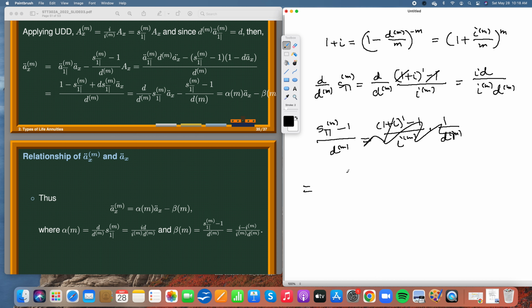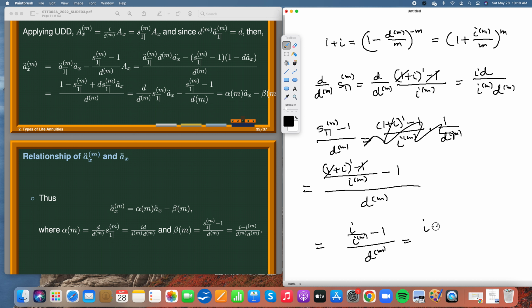This is 1 plus i to the 1 minus 1 all over i to the upper m, minus 1 all over d to the upper m. Right? And so this cancels out. What we have here is i all over i to the upper m minus 1 all over d to the upper m. And so that gives us i minus i to the upper m all over i to the upper m d to the upper m. So this is beta of m.